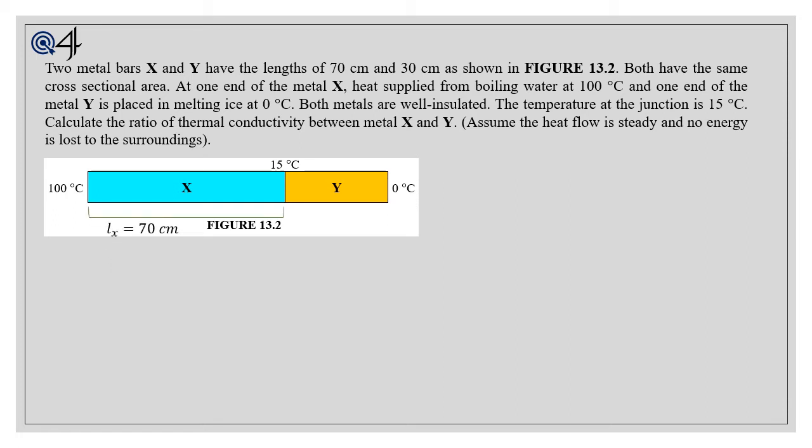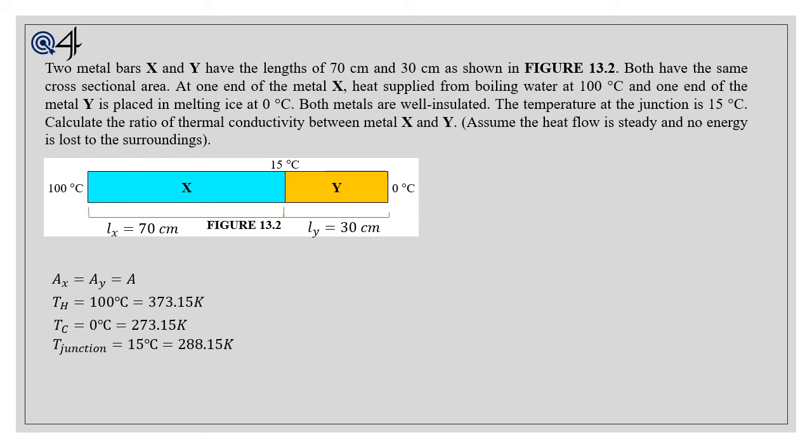So we have two metals, X and Y, and they are both in contact. What we know is that both of them have the same cross-sectional area, which gives the value of A. And the temperature at the end of the X rod is 100 degrees Celsius, and at the other end is at 0 degrees Celsius. Given to us for this question is the temperature at the junction, which is 15 degrees Celsius.